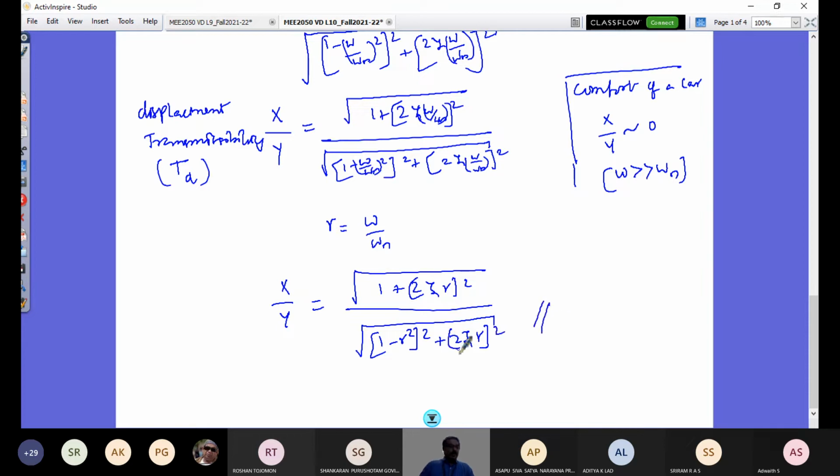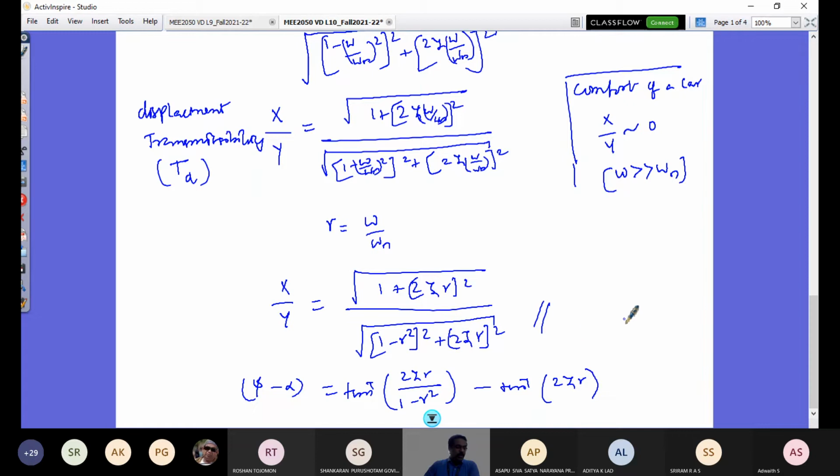So this is your displacement transmissibility. And what is the phase difference? Phi minus alpha is going to be tan inverse of 2 zeta r by 1 minus r square, minus tan inverse of 2 zeta r by 1, so that's 2 zeta r itself.